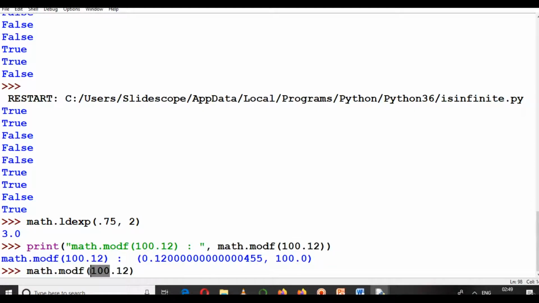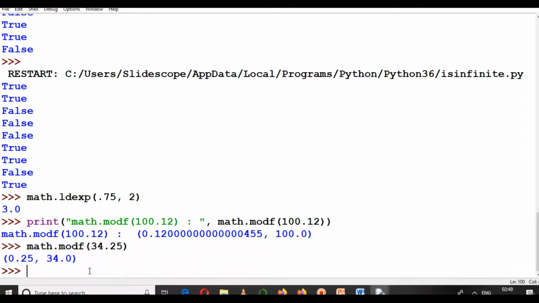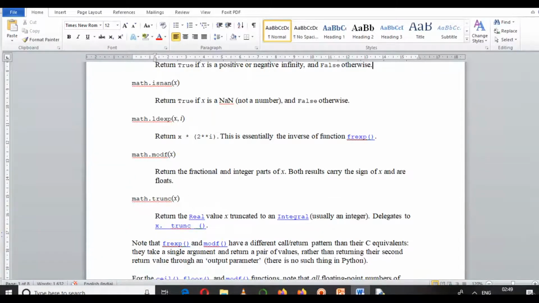Let's write 34.25. So we have a fractional part here and an integer part here, and this output is actually a tuple, and in this tuple there are two values. The first value is the fractional part or the float part, and the second is the integer part, but again both the answers are in float. So this is the work of modf.